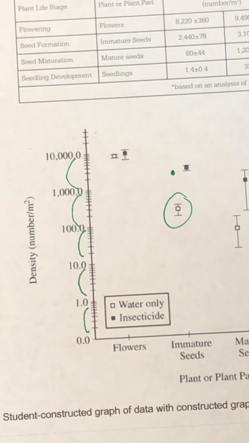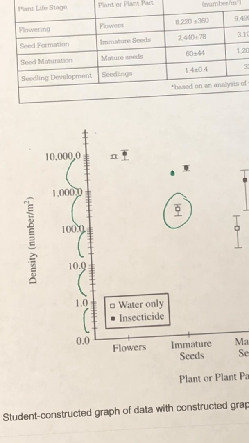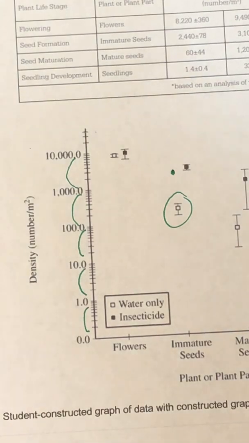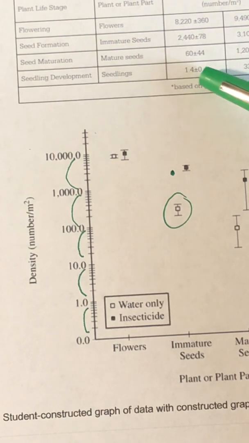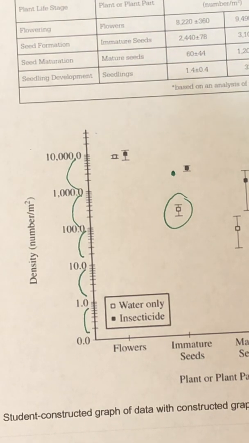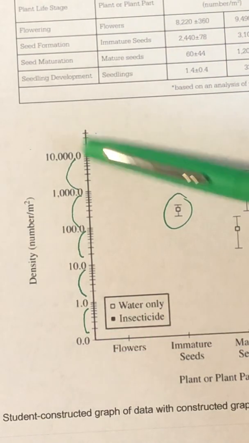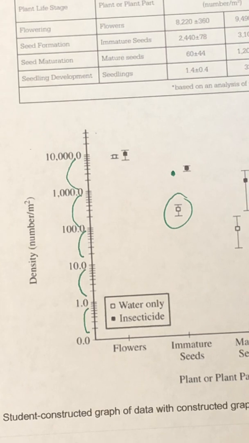And normally we don't graph this way, but because the data was so spread out, from very, very small amounts, like 0.4 or 1.4, to something up in the 10,000, like 9,490, to draw a graph that large would be absolute ridiculousness. So you need to look out for things like that.